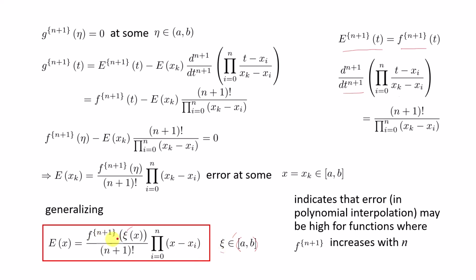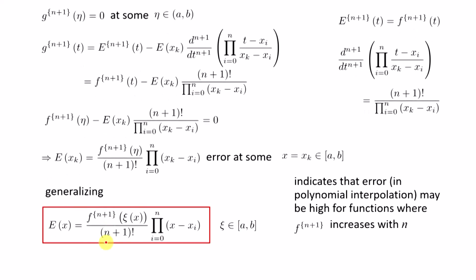It will be somewhere, the value of this f^(n+1), but if f^(n+1) is high, then the error will be high. We can also see that at x equals xi the error will be 0. That is what we are expecting. But otherwise the error will be high where this derivative is high. So we have to be careful about functions with a high value of derivative.